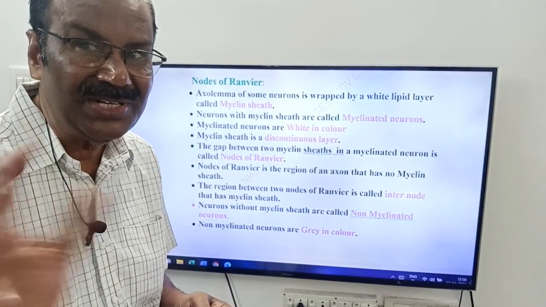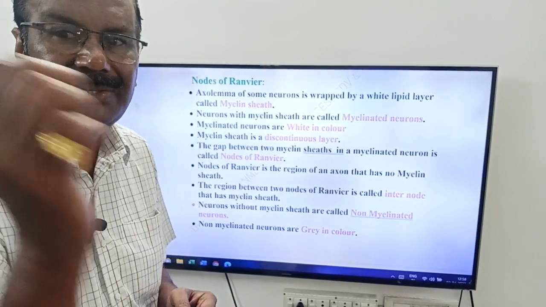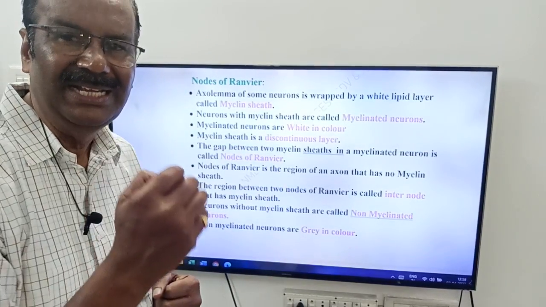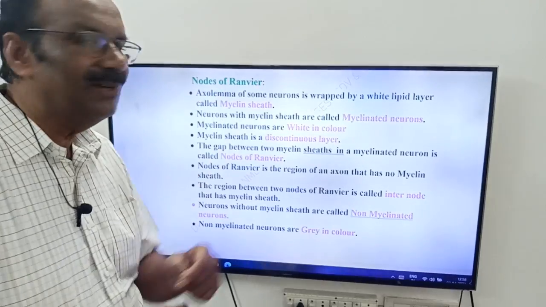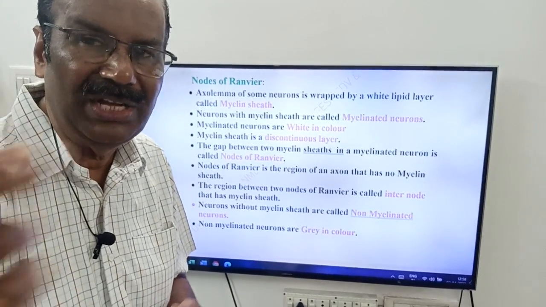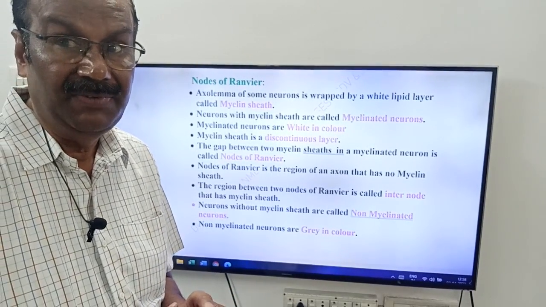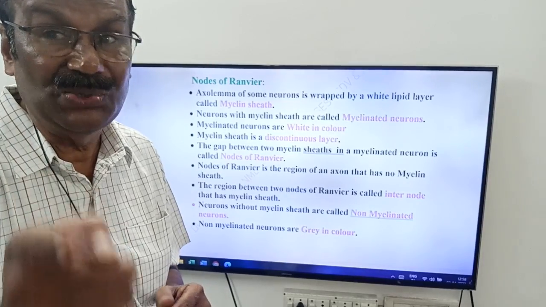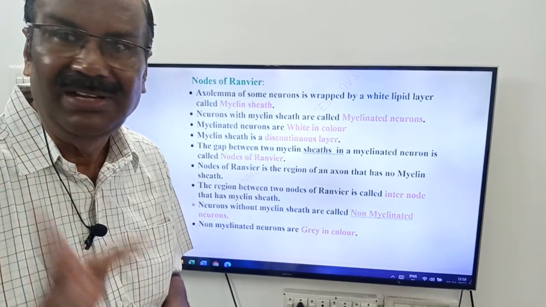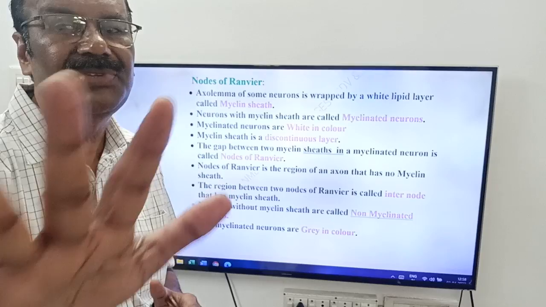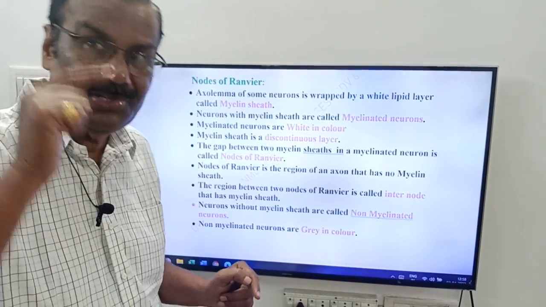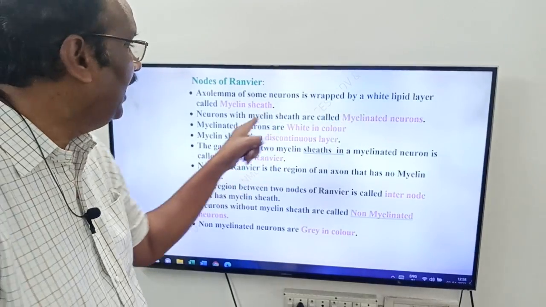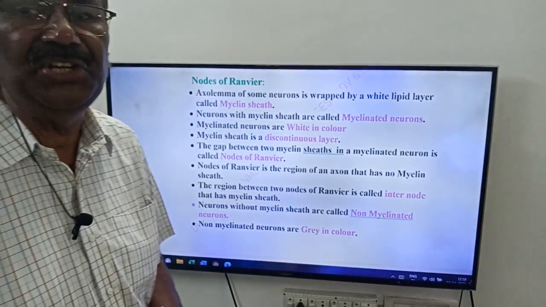That is called the myelin sheath or medullary sheath. It is present only in the axolemma and axon region, not in the dendrite and nerve cell body region.